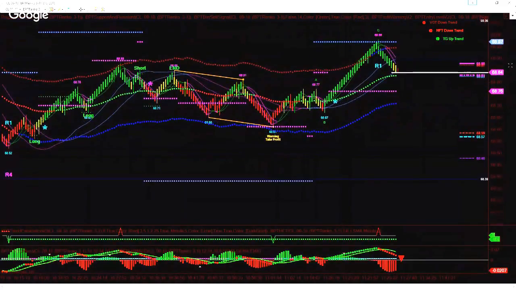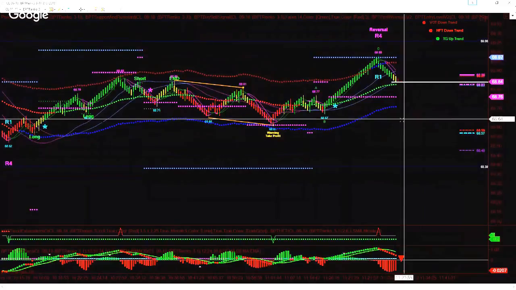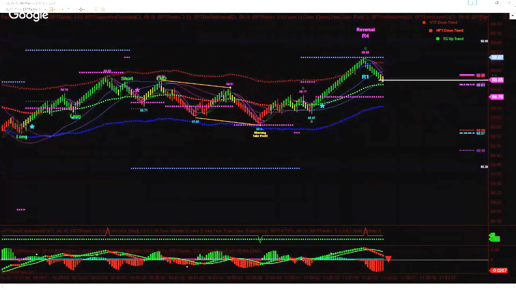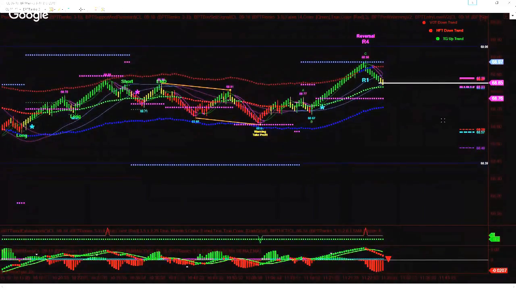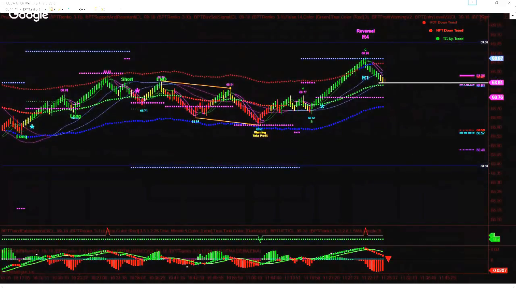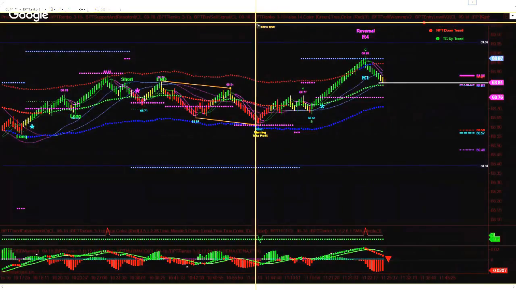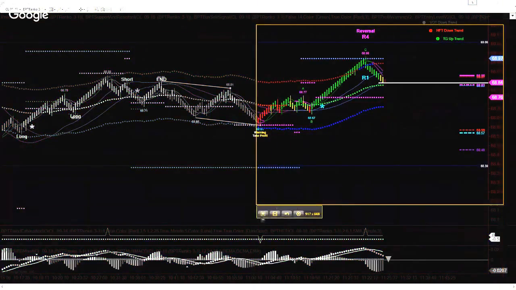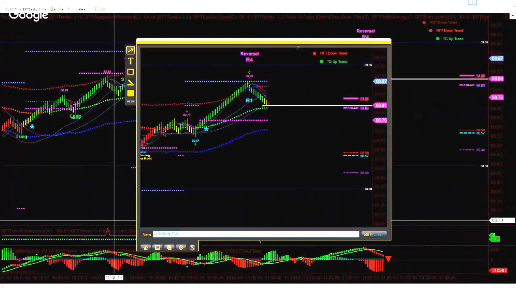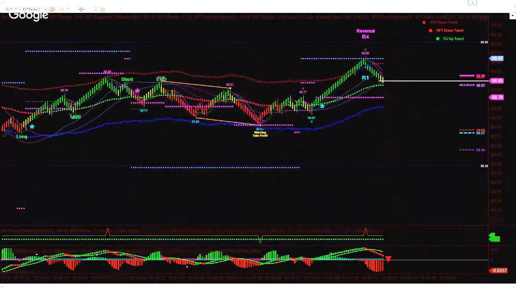I don't have the target here. Okay. I mean, look, this is where I'm talking to you about reversal. You know, this is what we covered a few minutes ago.